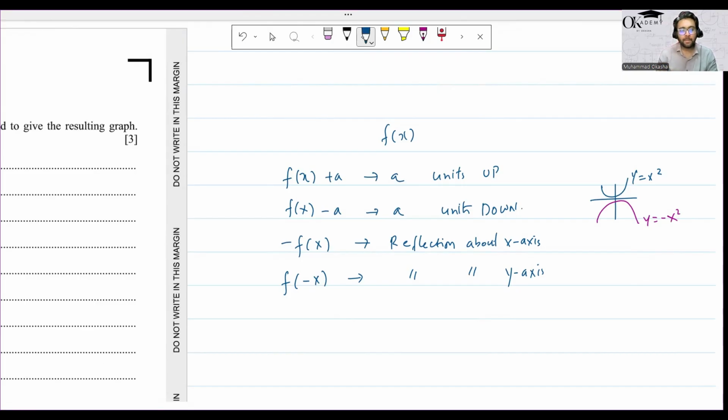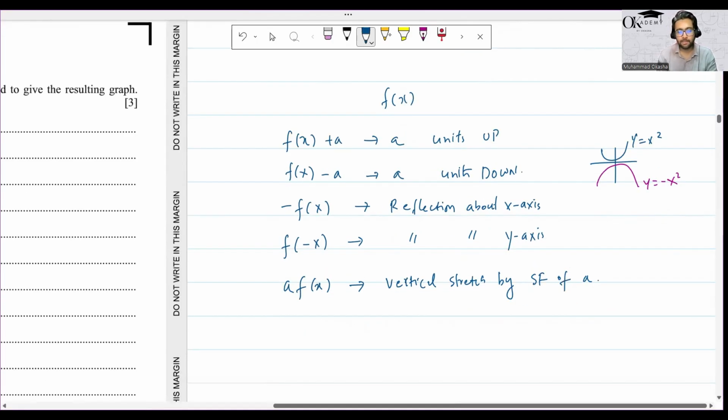And if you have a times f of x, that is a vertical stretch by a scale factor of a. By vertical stretch, I mean stretching in the y direction.